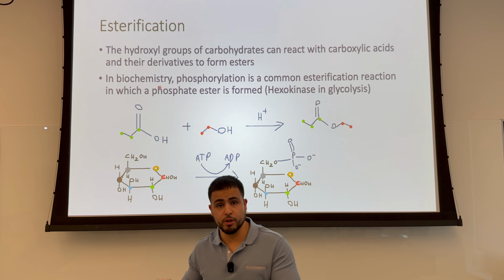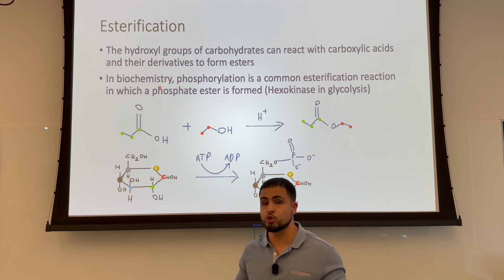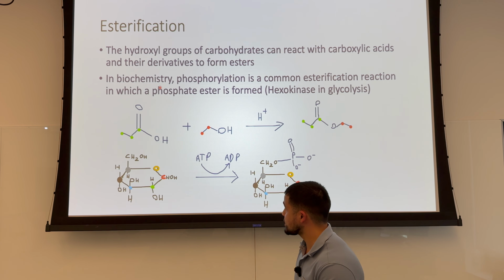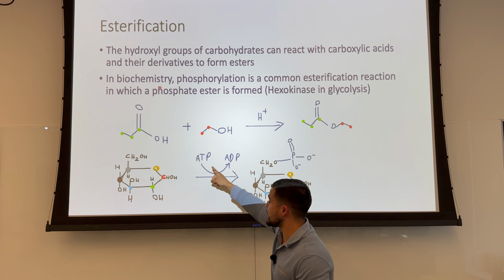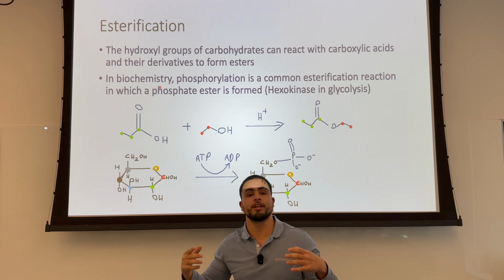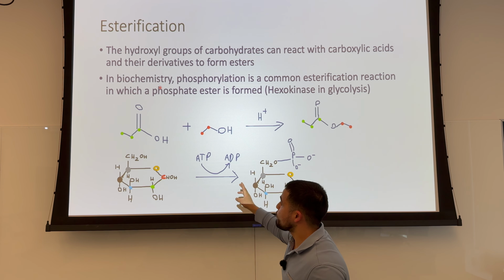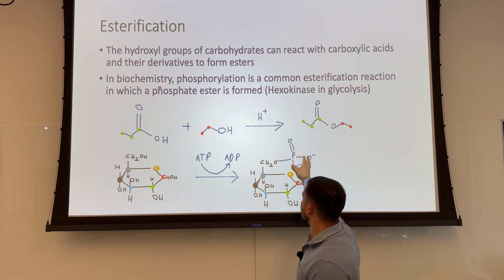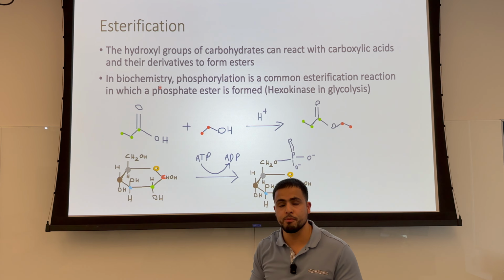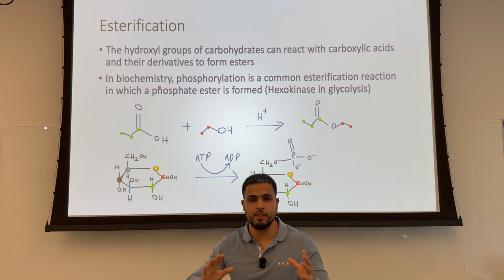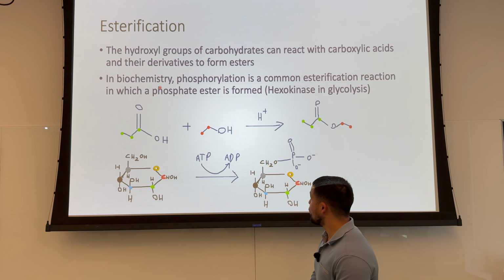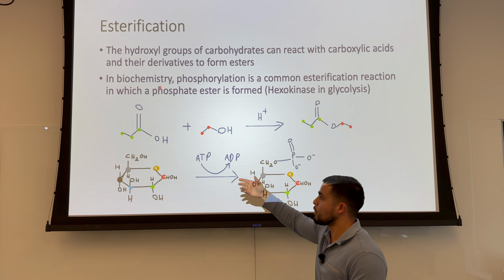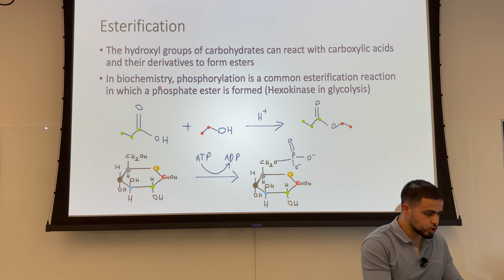As you'll see in our video on glycolysis, the cell will attempt to trap glucose inside of the cell in order to carry out glycolysis, and the way it does that is it uses ATP and an enzyme called hexokinase to phosphorylate glucose. And when you phosphorylate glucose, because of that negative charge on the phosphate group, it can no longer cross the plasma membrane, and therefore it's trapped inside of the cell. All this to say that this is another kind of esterification reaction that you can have with sugars.